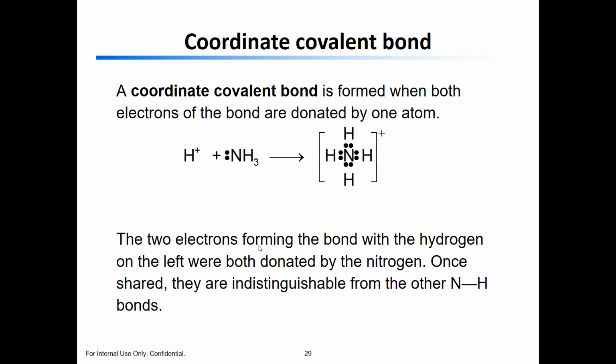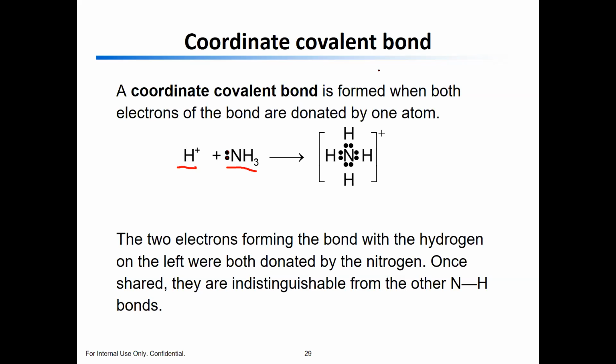So in this situation, this is an H plus. It has no valence electrons. This one has these two valence electrons here. And what could happen, they could still share these two electrons, but one electron doesn't have to come from this one.